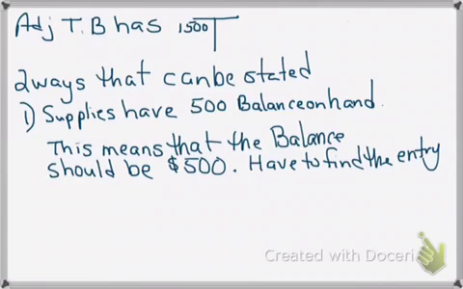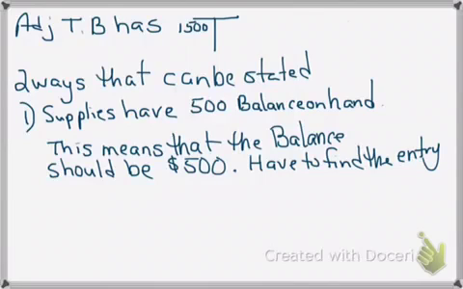Now, there are two ways that we can look at this. One way is we can take an inventory of what our supplies are, and it could tell us that your supplies should have a balance on hand of, we'll say, $500.